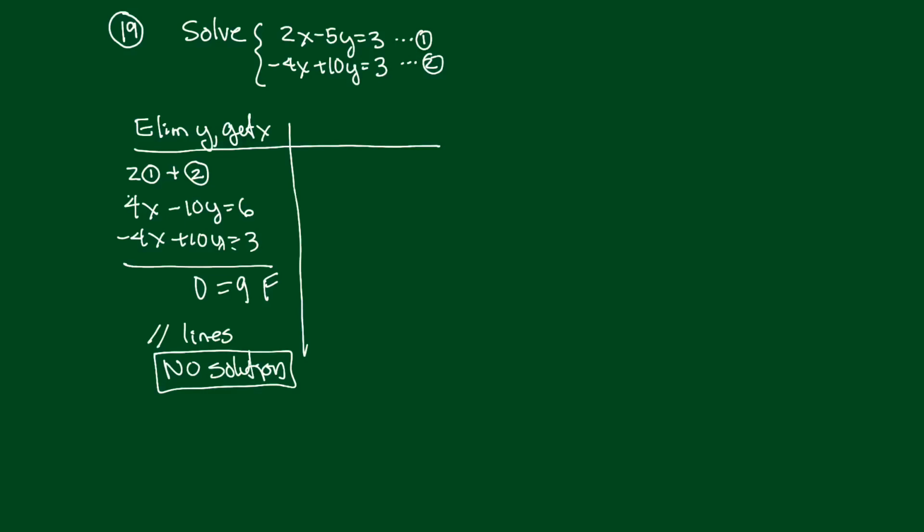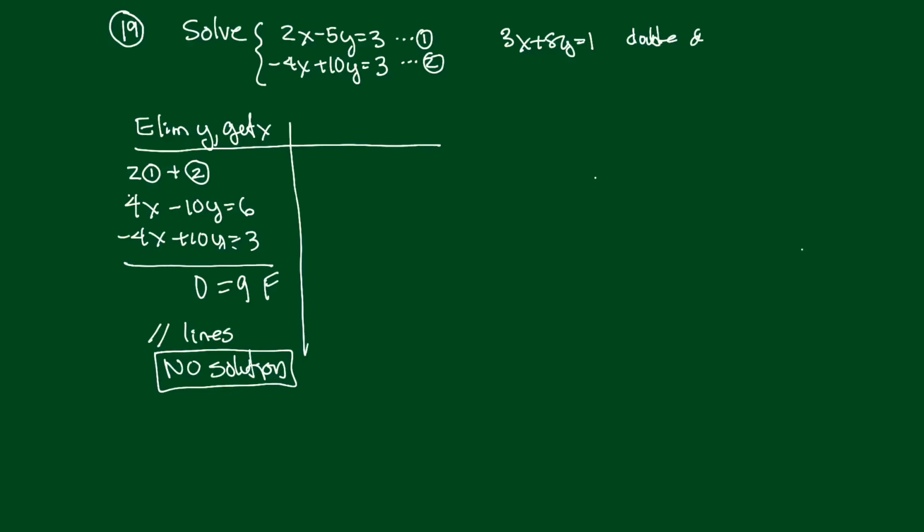So what if you had this one here? What if you had 3x plus 8y equals 1, and then you want to build another equation so that there's no solution to this system? Well, what if you did this? You could double, or you could triple, or just pick any multiple you want.